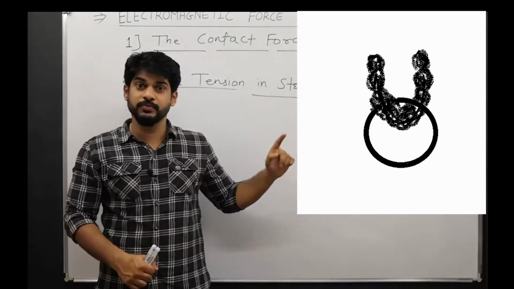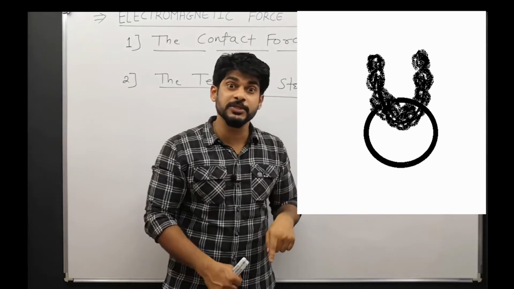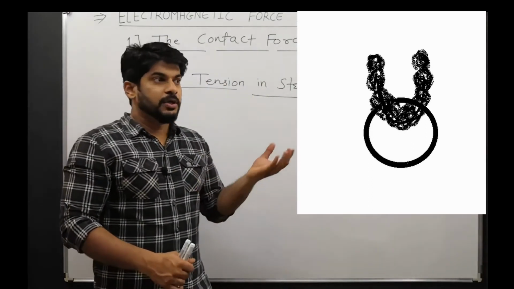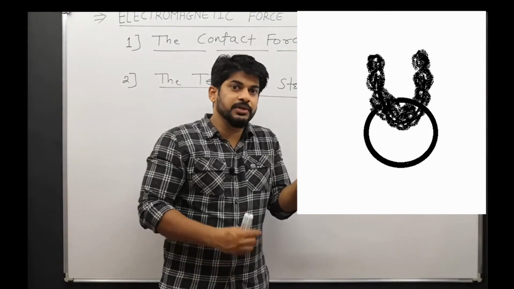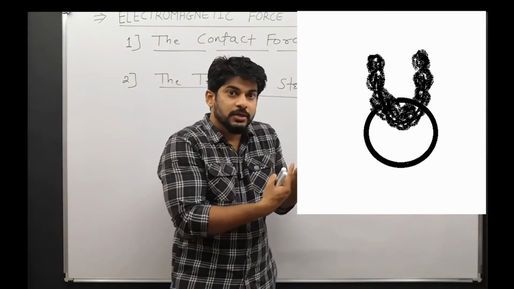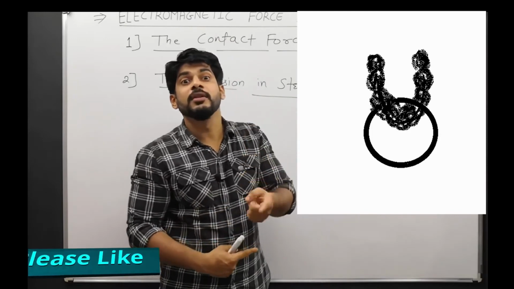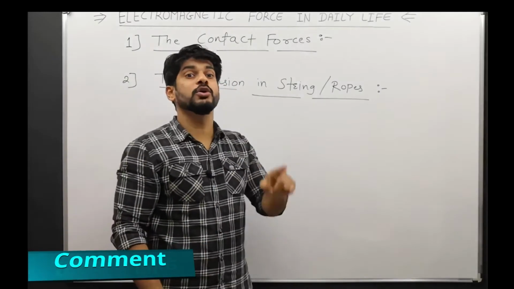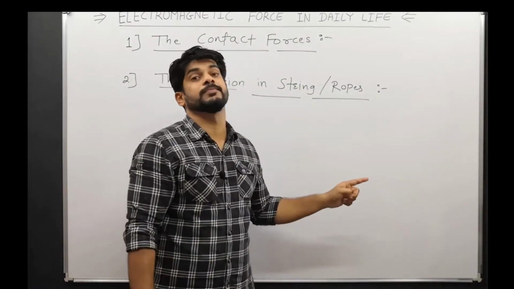These atoms will exert forces of repulsion on one another, and the force exerted by the string on that hook in the upward direction will hold this block at its position.